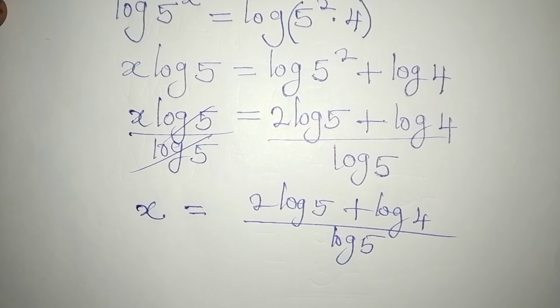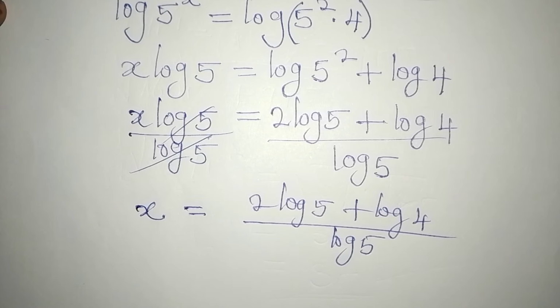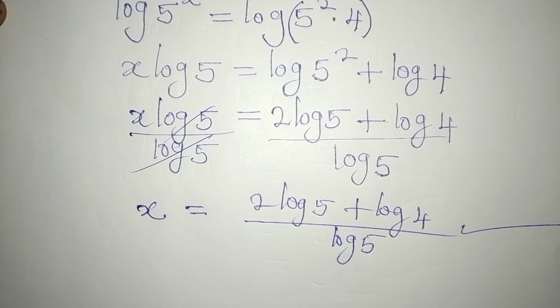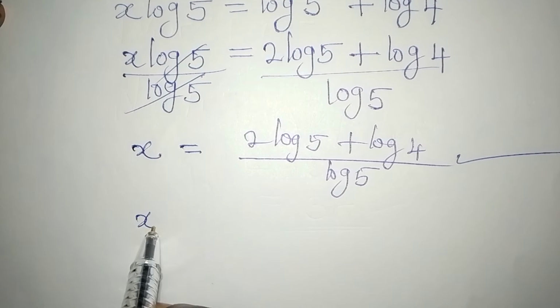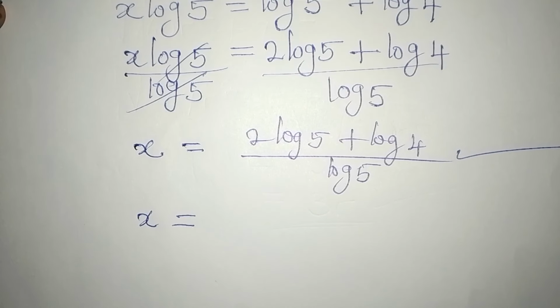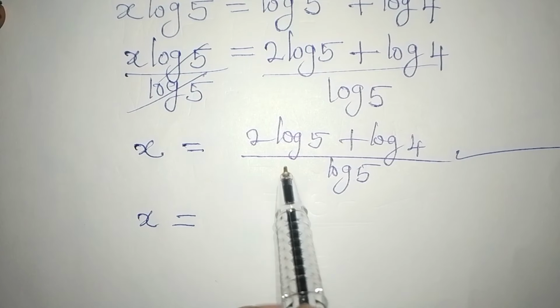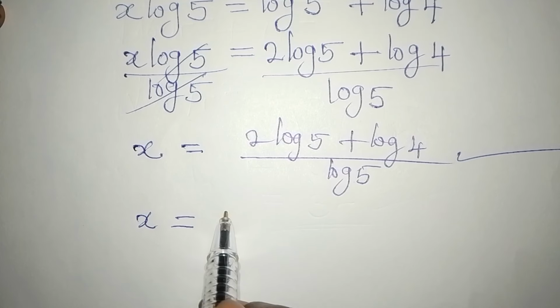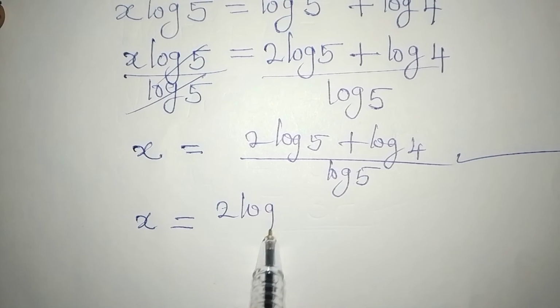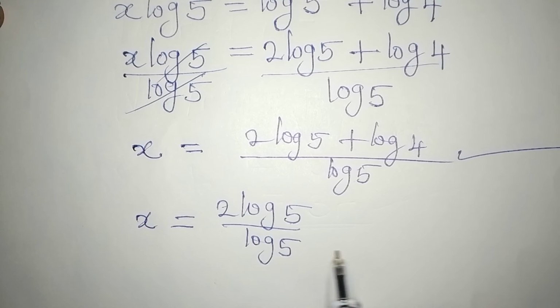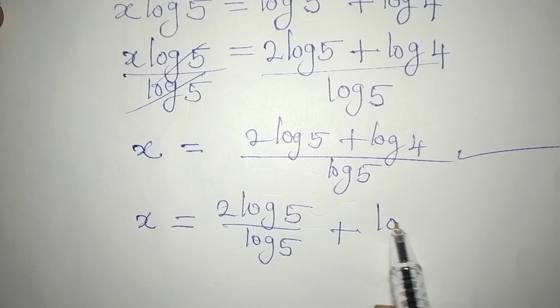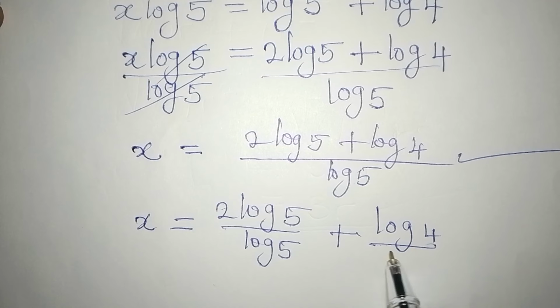By the way, you can even stop here if you have to, but then this can still be simplified. So we have to proceed, since we are to simplify it to the simplest. This log 5 is the both numerator. So we have 2 log 5 over log 5 plus log 4 over log 5.